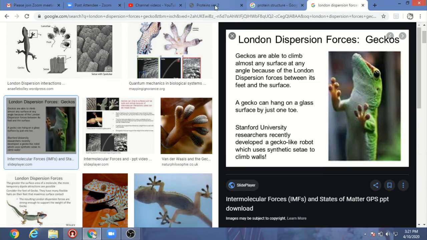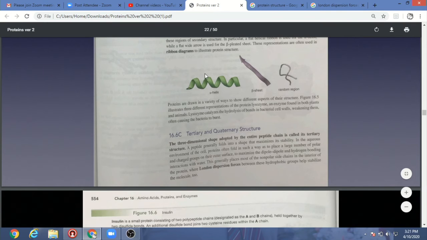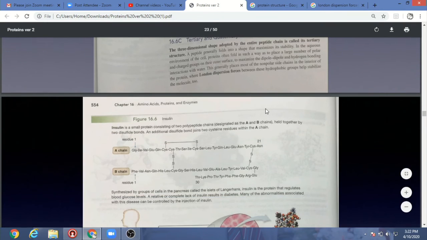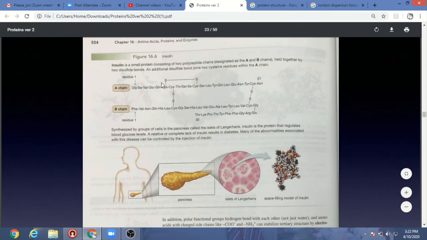Cool. All right, so going back to our slide here, if you have your sequence, then you can start making predictions. Again, I know this would be really annoying to do with super large molecules, but insulin's a fairly small protein. So let's look at this figure. Insulin is just a small protein consisting of two polypeptide chains designated as the A and the B chains.